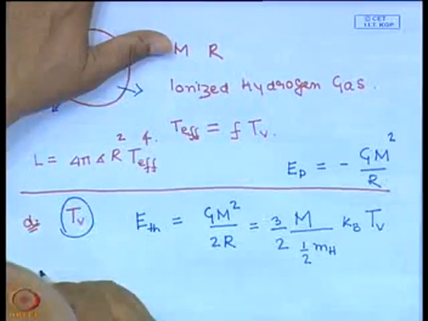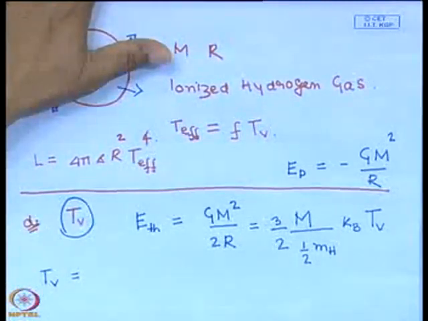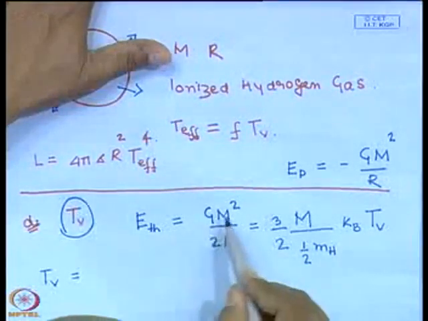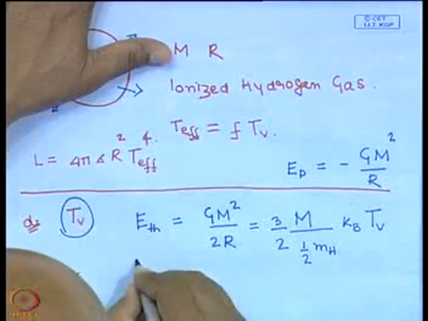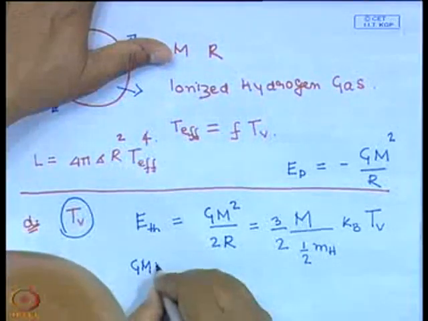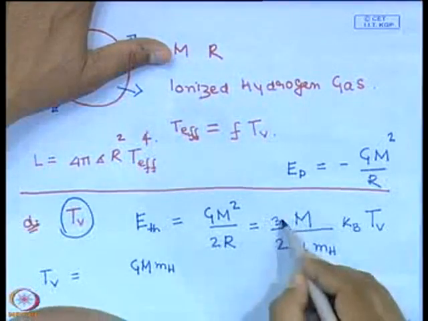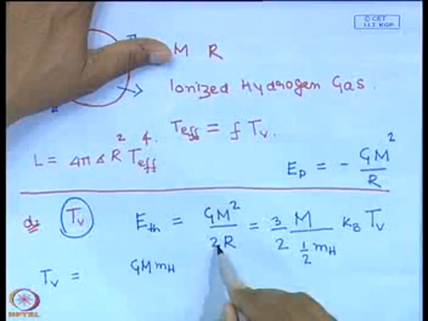So, the virial temperature is equal to, so, let us see how much is it equal to. The virial temperature is equal to, one factor of m cancels out, it is equal to G m into the mass of the hydrogen atom, these factors of 2 will cancel out, and if I bring this onto the left hand side I will get a factor of 6.